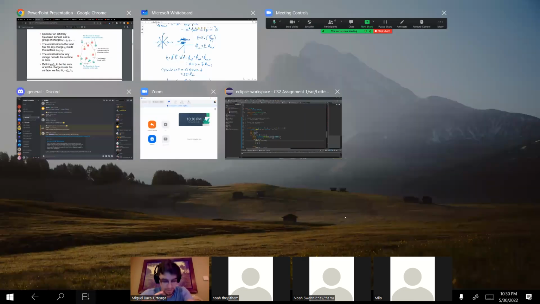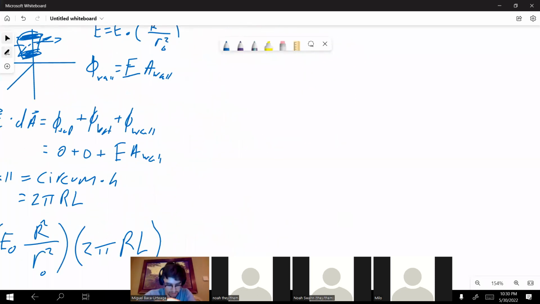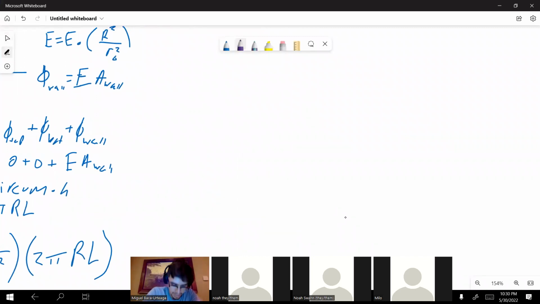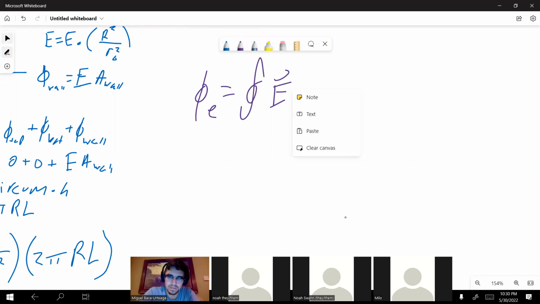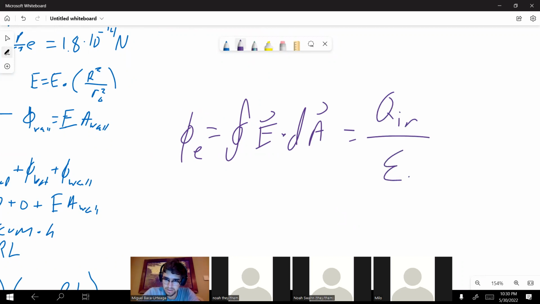For any closed surface enclosing a total charge of Q internal, the net electric flux through the surface can be written like this: the integral of electric field dot dA, which is equal to the charge inside over epsilon naught.